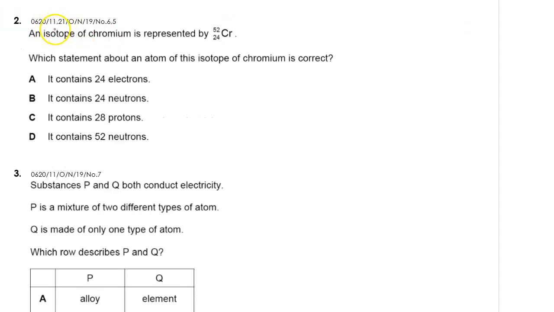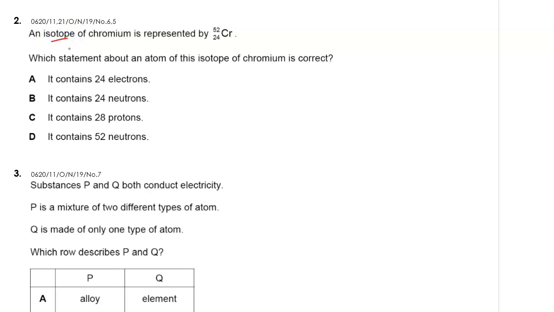Number two is a question that was set on both variant 1.1 and 2.1, number 6 and 5 for each one of the variants. An isotope of chromium is represented by this. So what is an isotope?